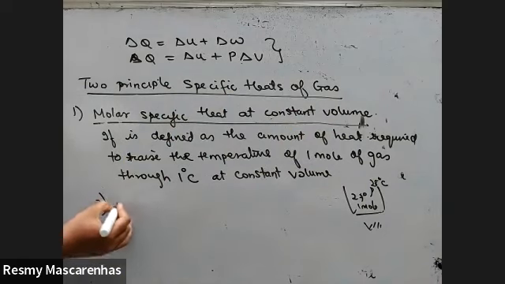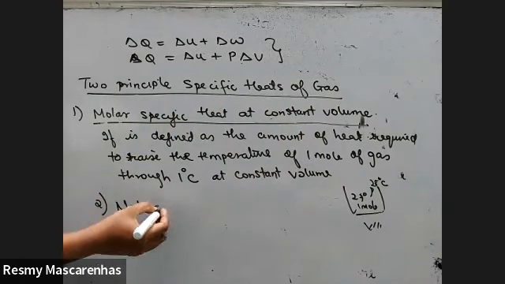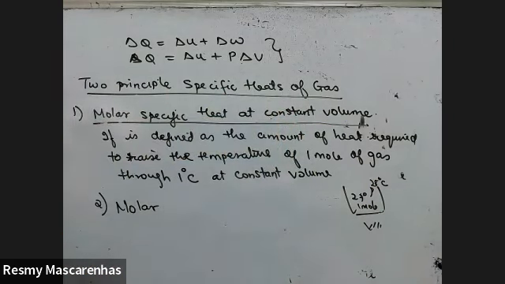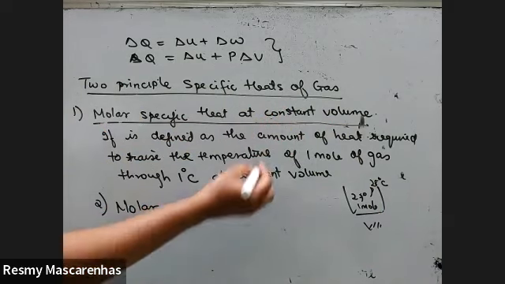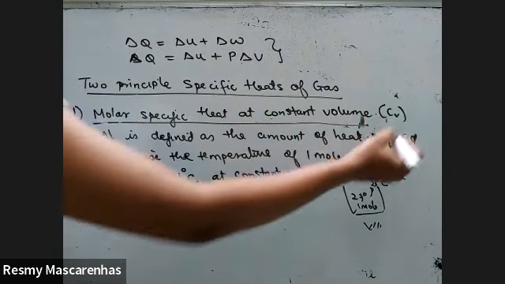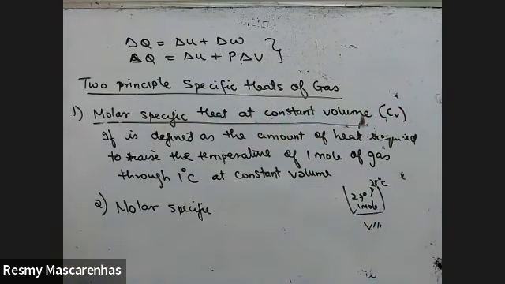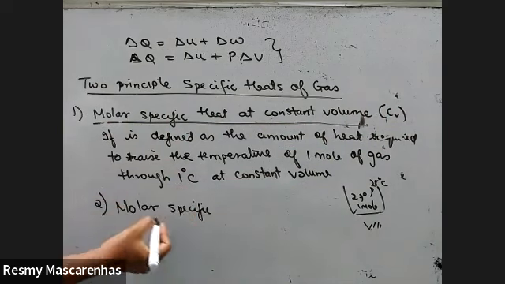Second one, same definition, only instead of volume it will be pressure. This is denoted by CV, because V is for constant volume.